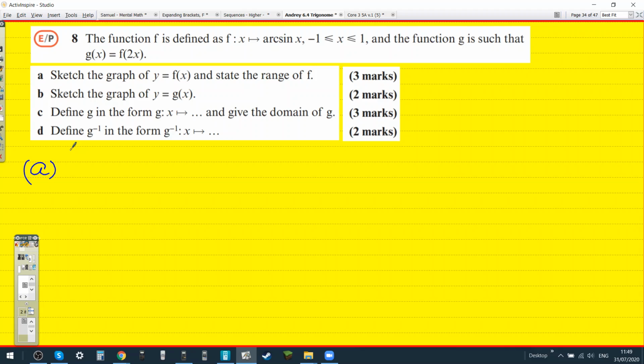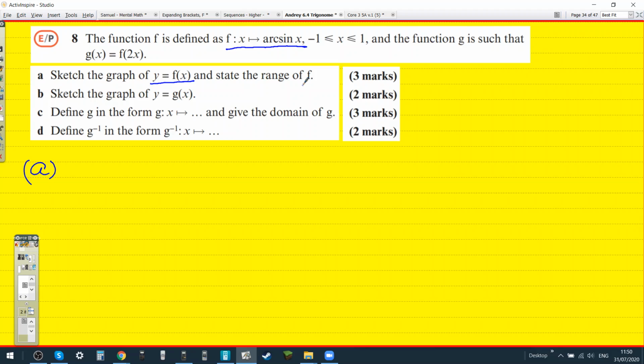I think you're getting ahead of yourself. Let me see. Am I crazy or is it not just arcsine x? F of x is arcsine. Oh yeah. I'm crossing my fingers on that one. So you would just sketch arcsine x, I think.